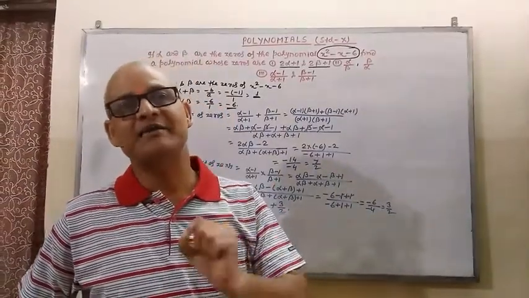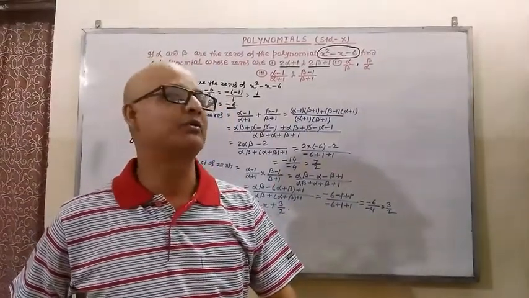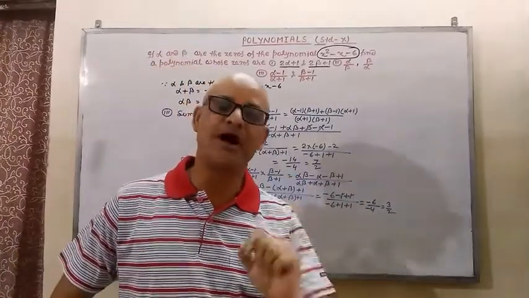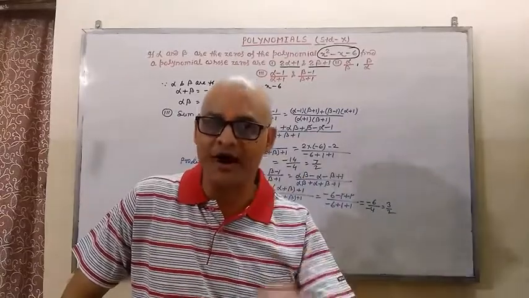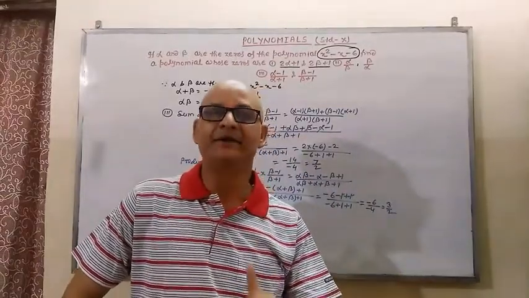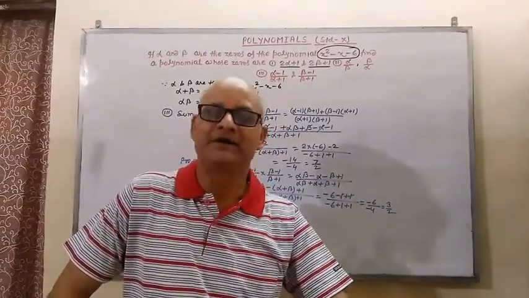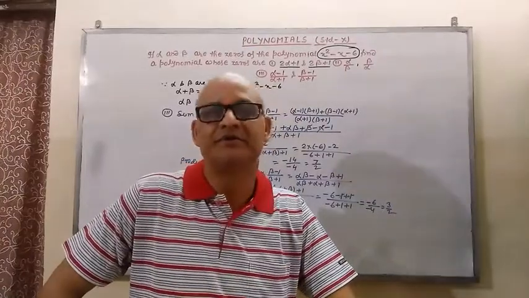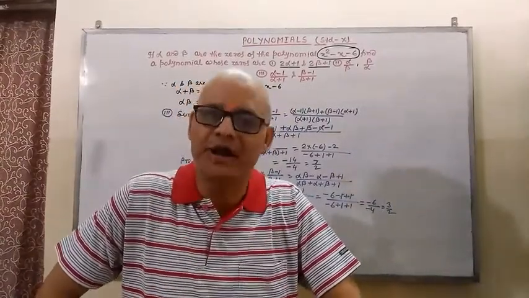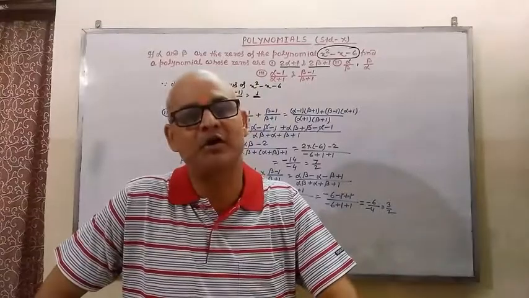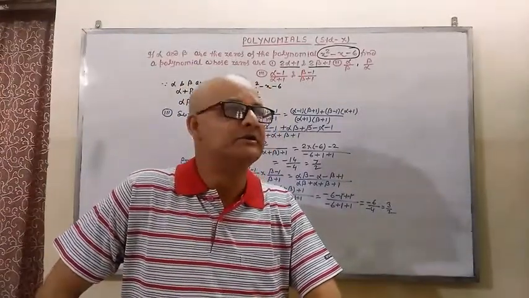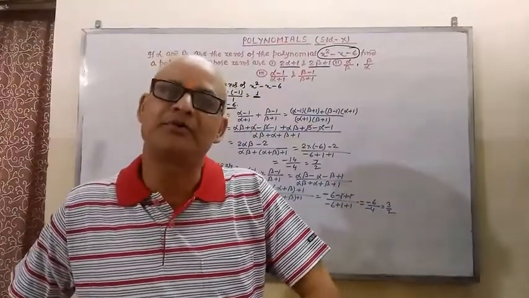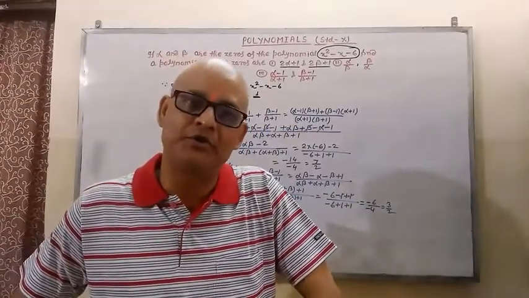By using those values, find the sum of zeros and product of zeros of the required polynomial, and then use the formula x square minus (sum of zeros) x plus product of zeros.